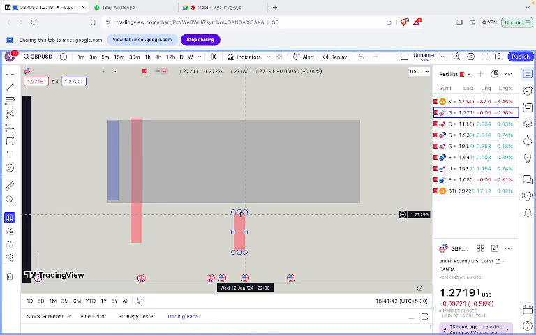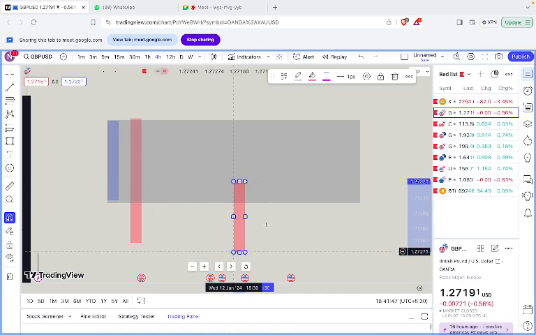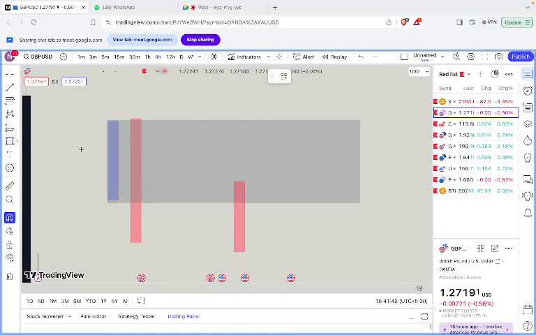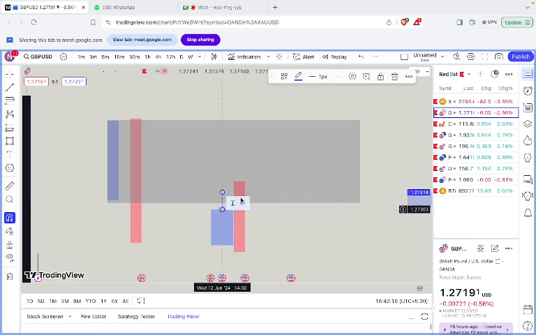Okay, and the blue one was again with the wick in the zone and the body outside of the zone. Even this is invalid. The first blue candle and first red candle, both of them should touch the zone.